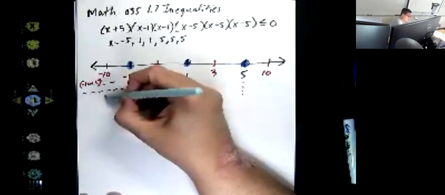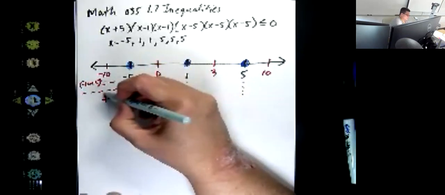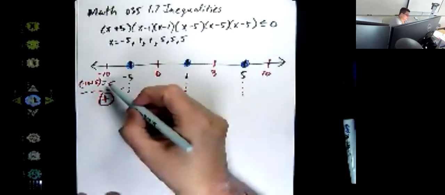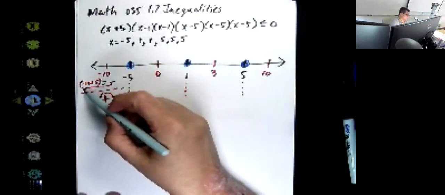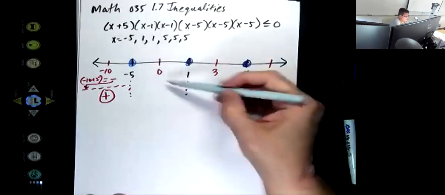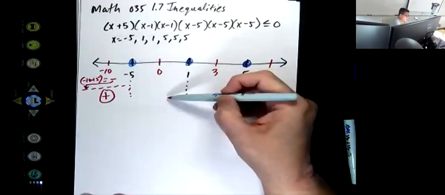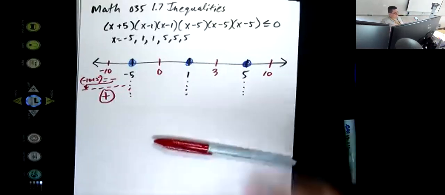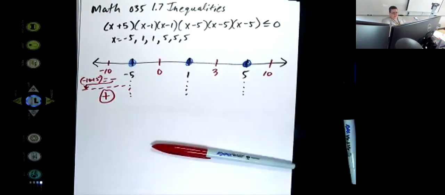And an even number of negatives makes this region positive. So I did that negative, it's that one right there. Go through and figure out how many signs, negative signs you have in each region. I use 0, 3, and 10 as test points. Go ahead and do it. Figure out how many negative signs, and we'll hit it in a second.